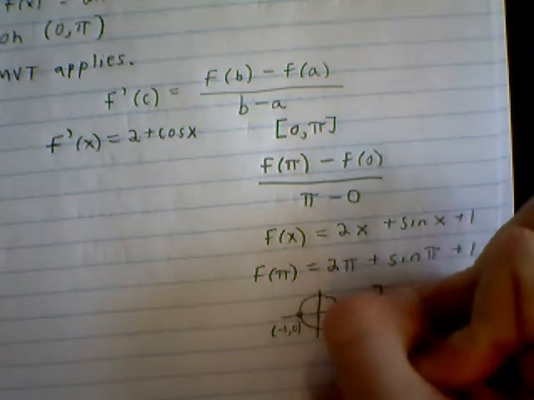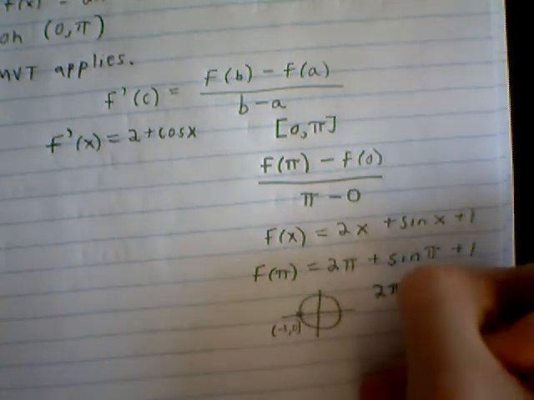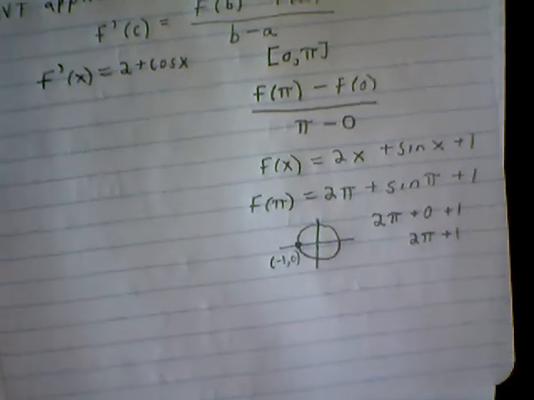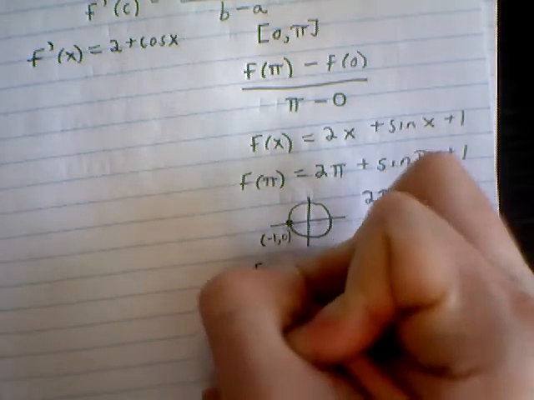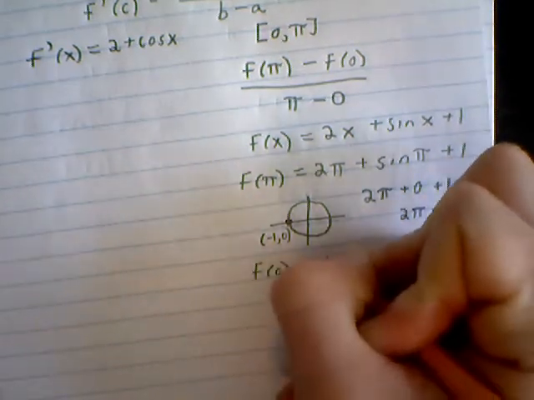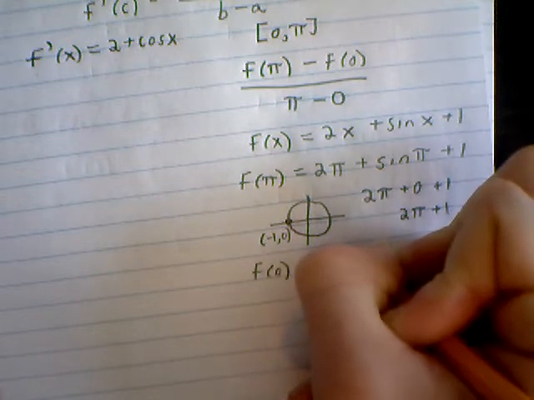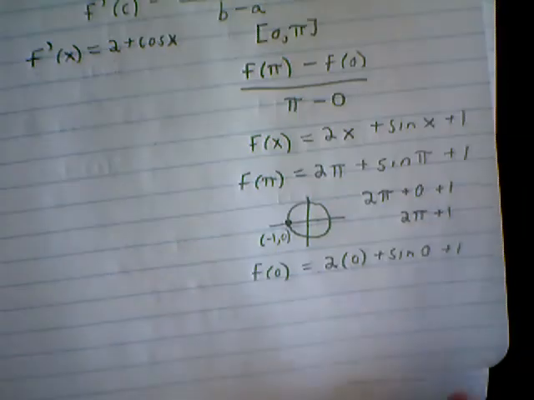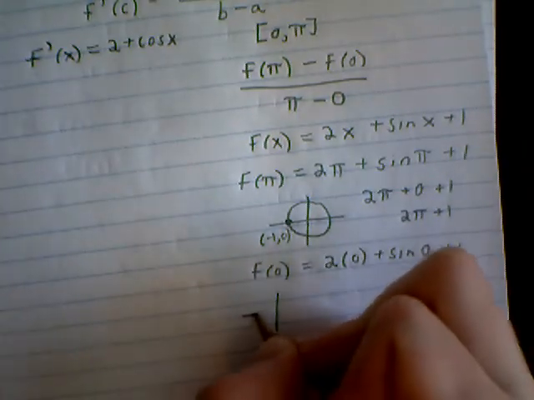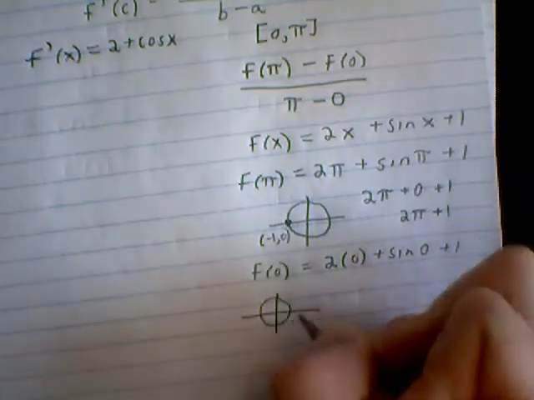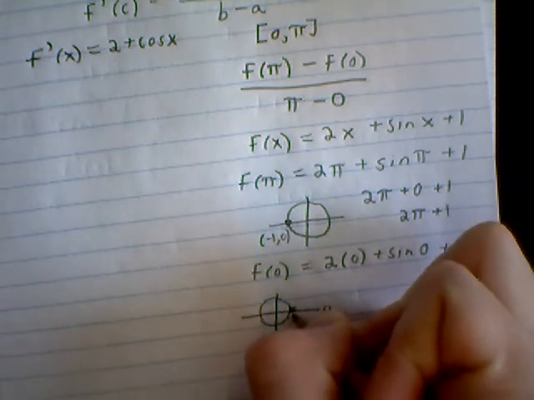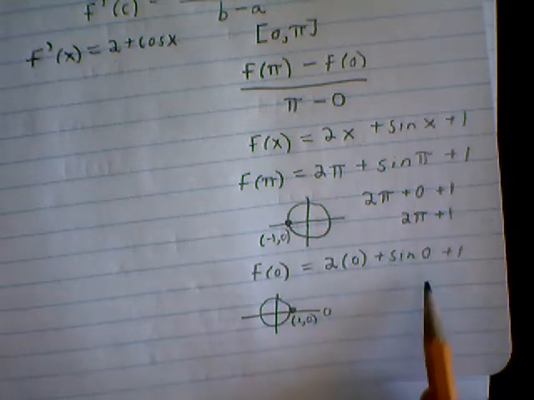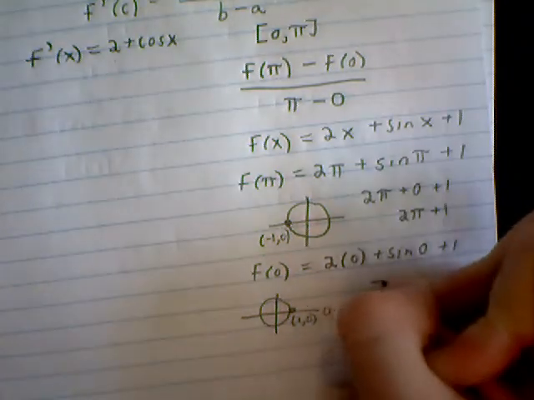So I'm just going to end up with 2 pi plus 0 plus 1, which is 2 pi plus 1. Now let's find out f of 0. I'm going to get 2 times 0 plus the sine of 0 plus 1. If I think about the unit circle again, at 0 radians, the coordinate is 1, 0, and the y value is 0, so the sine of 0 is 0. So this equals 1.